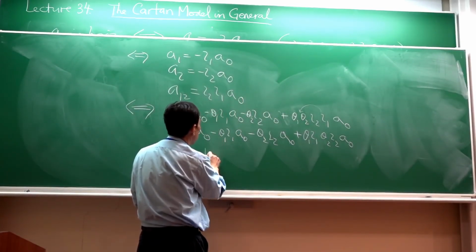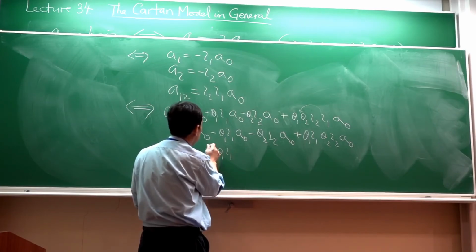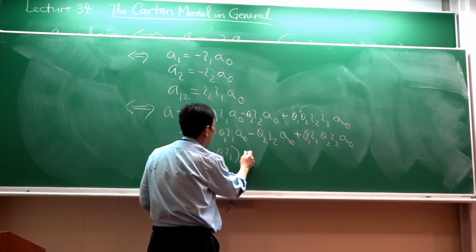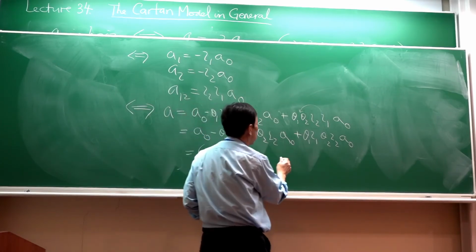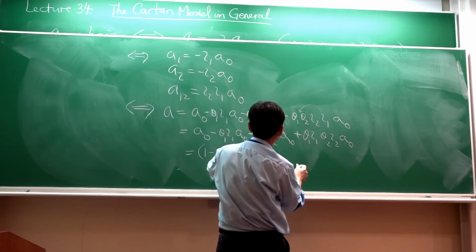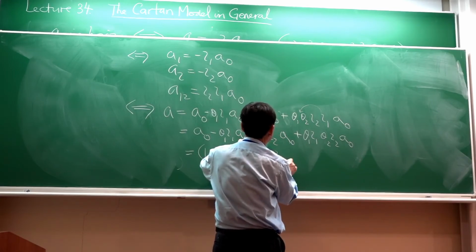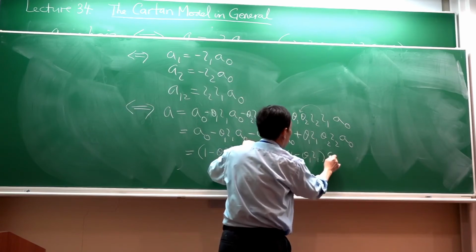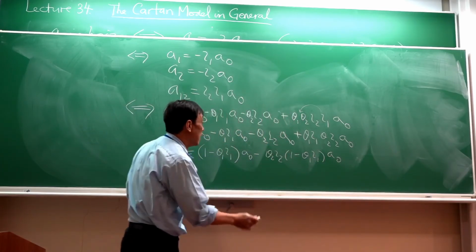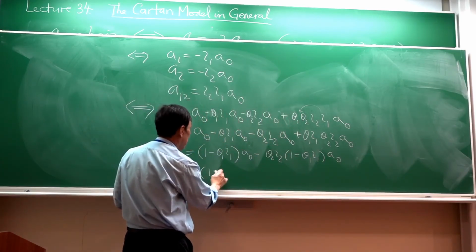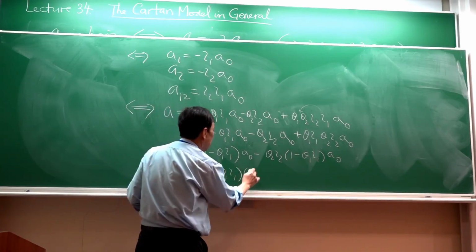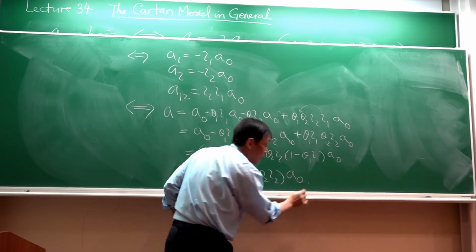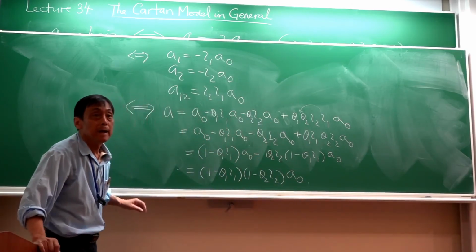This is 1 minus theta 1 I1 A0 minus theta 2 I2 1 minus theta 1 I1 A0. And so this becomes 1 minus theta 1 I1 1 minus theta 2 I2 A0. Okay?